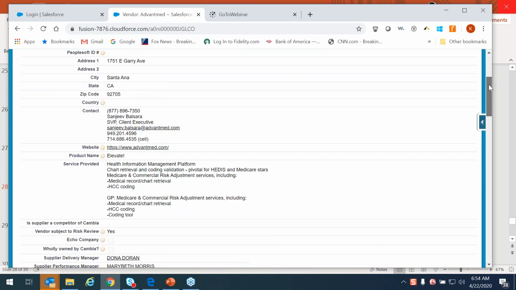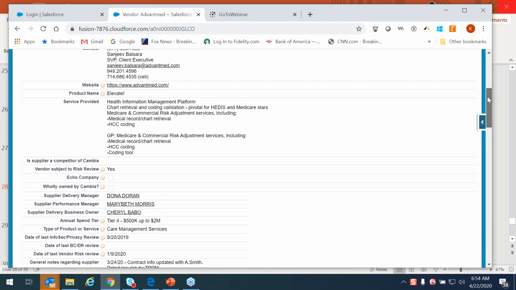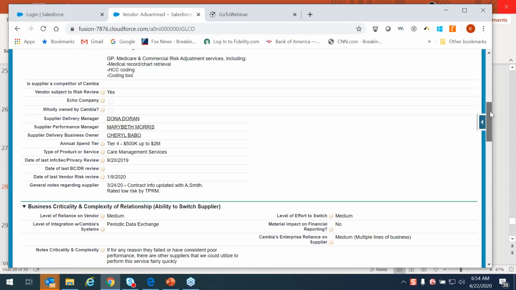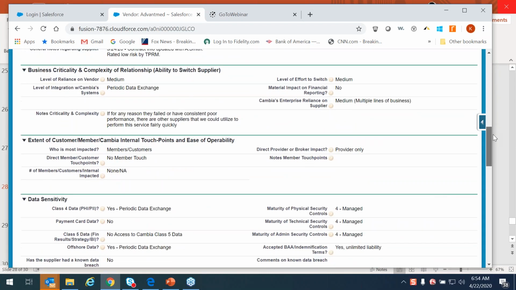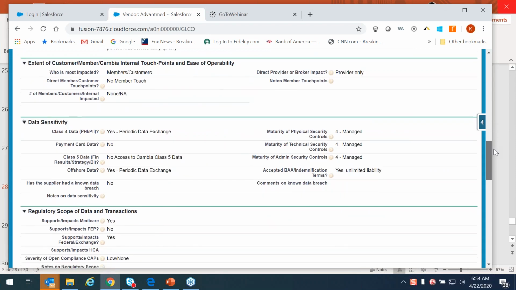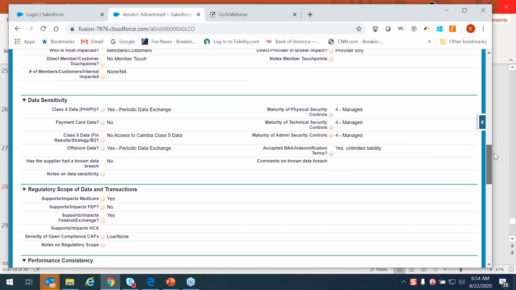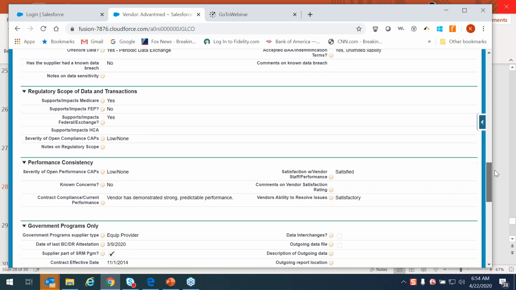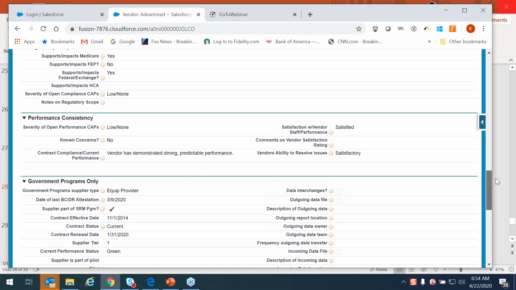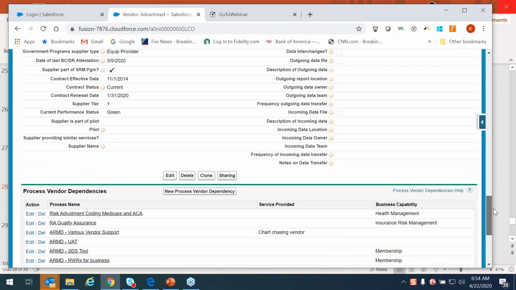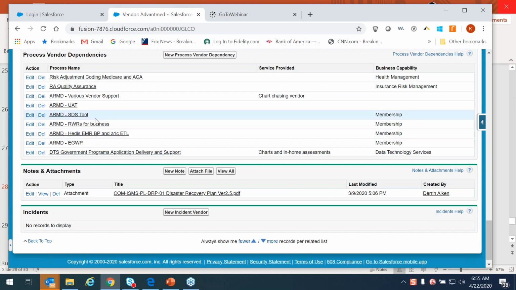I showed you this, copy this in the slides. So the services they provide, again, all of this information about the vendors, what they do for us, the type of data we share, how dependent we are on them, whether they have any regulatory impacts, what kind of performance we're seeing from them. And then again, all the business processes that are dependent upon this vendor in order to be able to operate.